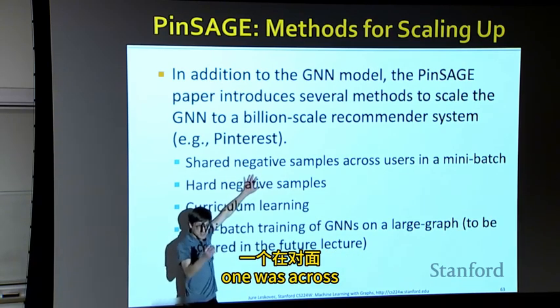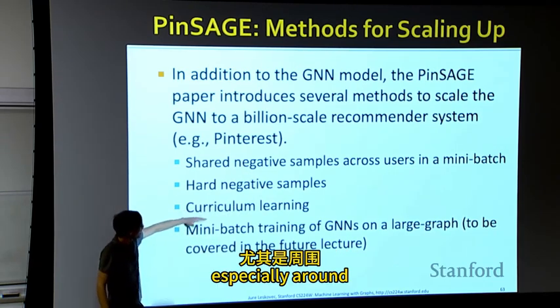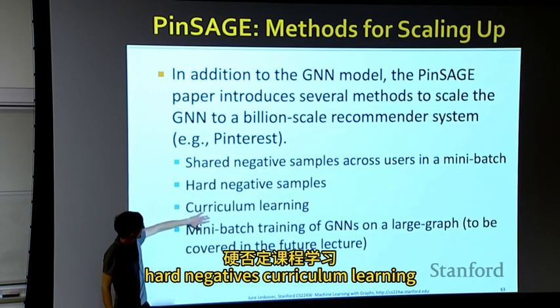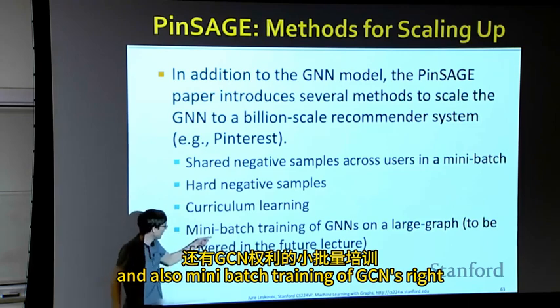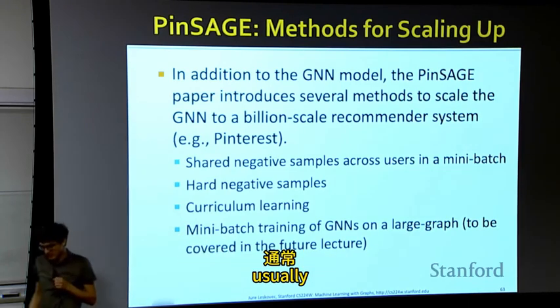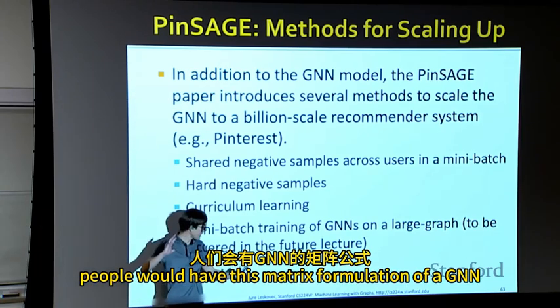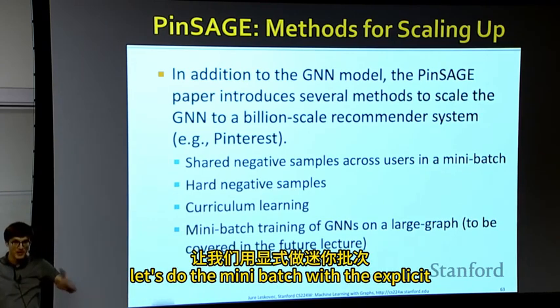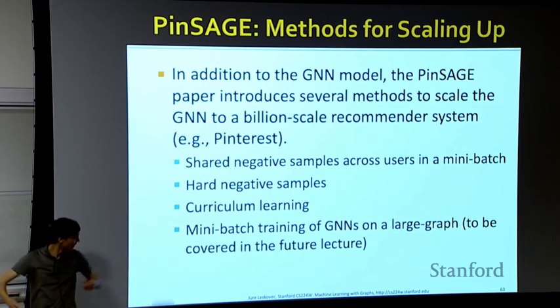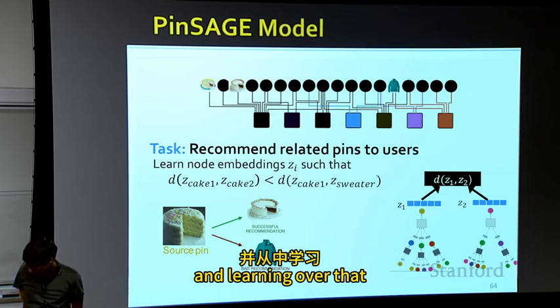One was negative sampling, that there was a question about earlier, especially around hard negatives, curriculum learning, and also mini batch training of GCNs, right? Usually people would have this matrix formulation of a GNN. This was one of the first papers that said, hey, let's do mini batch with explicit sampling of the computation graphs and learning over that.